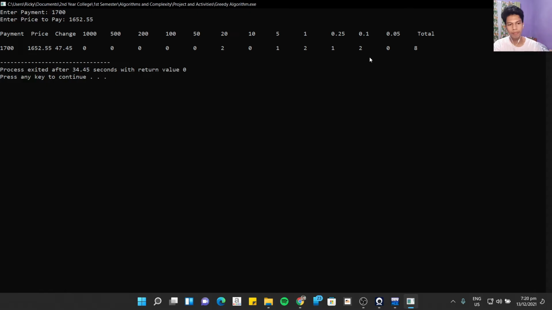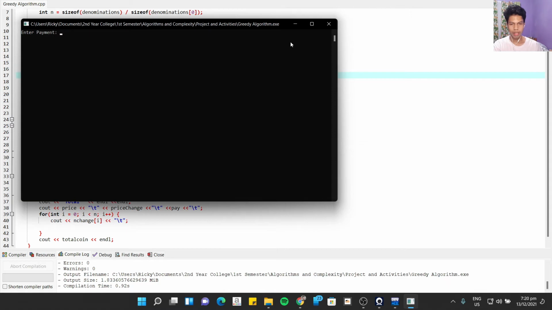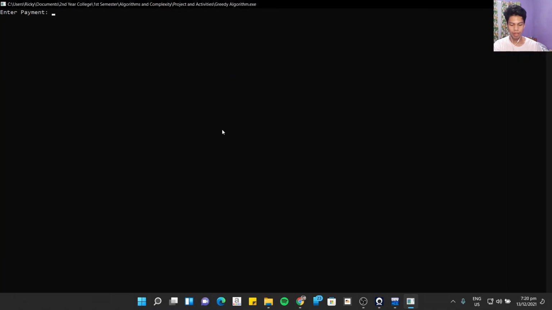Okay, all right. So testing another transaction. For example, the customer needs to pay 508.15 pesos, and the cash he gave to the cashier is 520. The cashier will determine the change by entering the total price that the customer needs to pay.